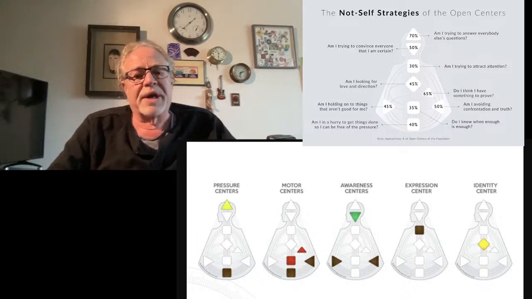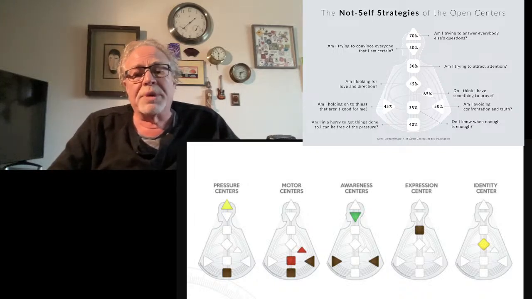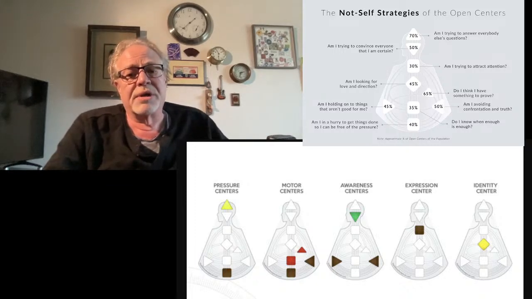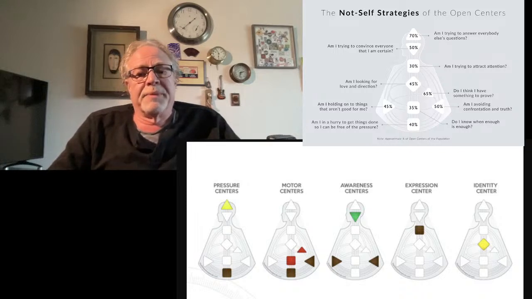And we built strategies around that. And I'm not going to speak too much about that. So, the not self strategy of the open spleen is to hang on to anything that's not good for you. Now, that's another issue, and that's another tough nut to swallow.